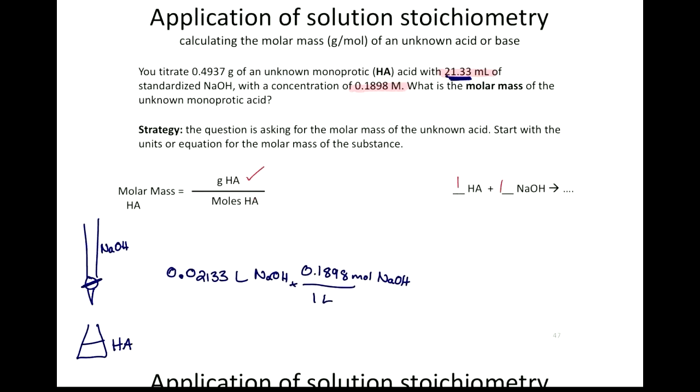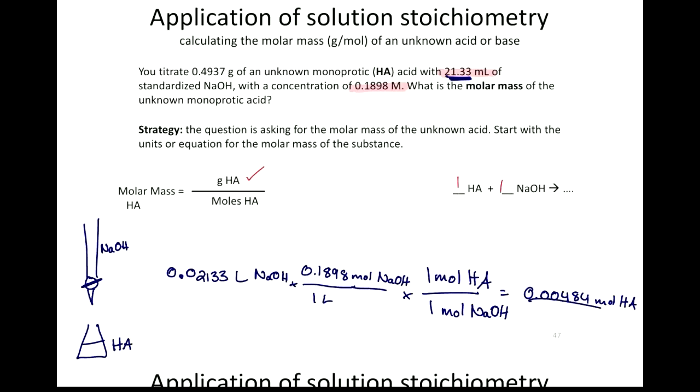So I want to do stoichiometry to get moles of acid, but it's simply a 1 to 1 ratio. So 1 mole of base is 1 mole of acid, HA. And so this will tell me how much acid I have in moles in my Erlenmeyer here. So it's 0.00484 moles of HA is present in that container.